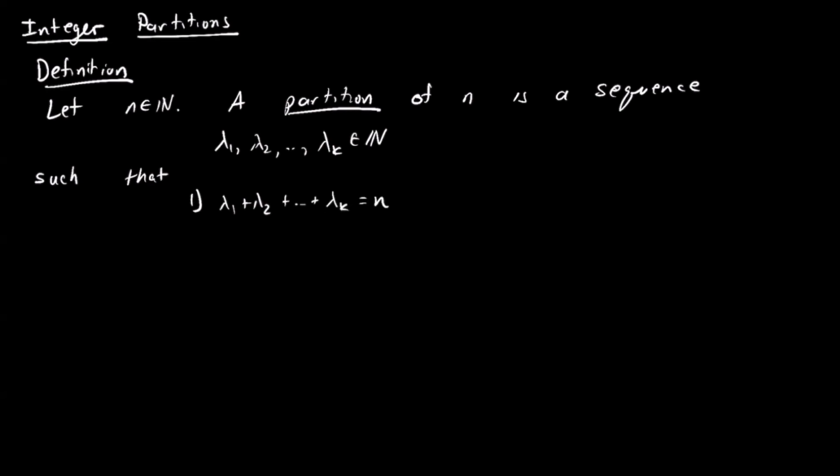We want to make sure these numbers add up to n, but we also want to somehow capture the fact that order doesn't matter. So if I write 8 as 5 plus 3 and 3 plus 5, that'll be counted as the same partition.